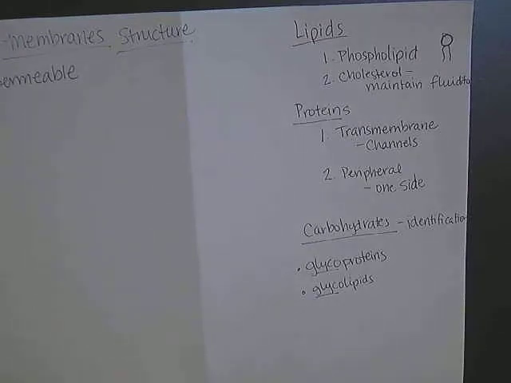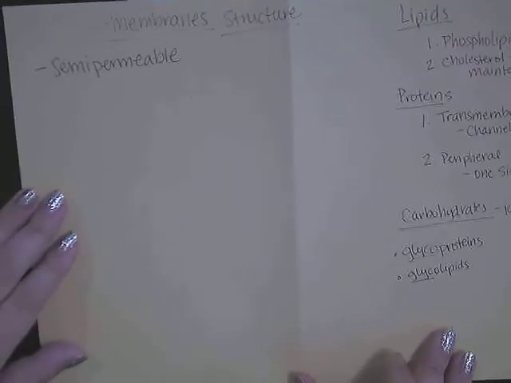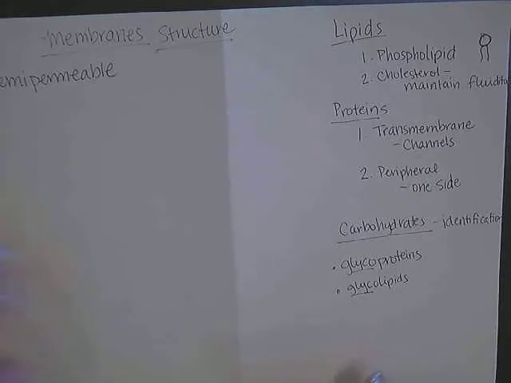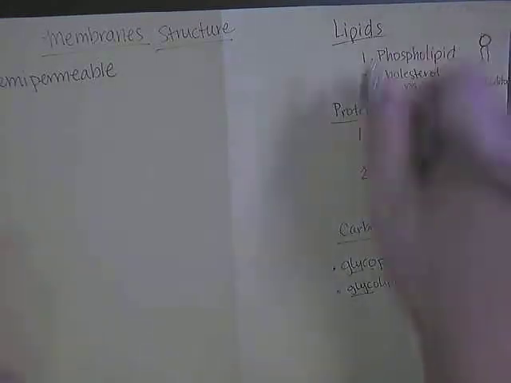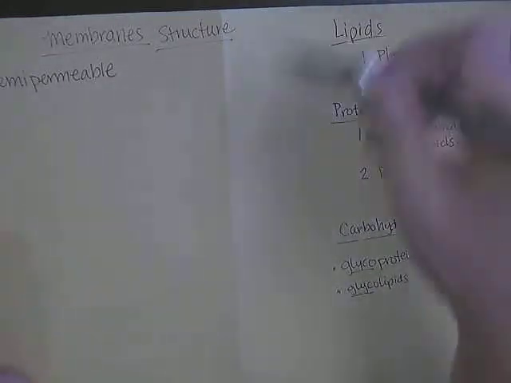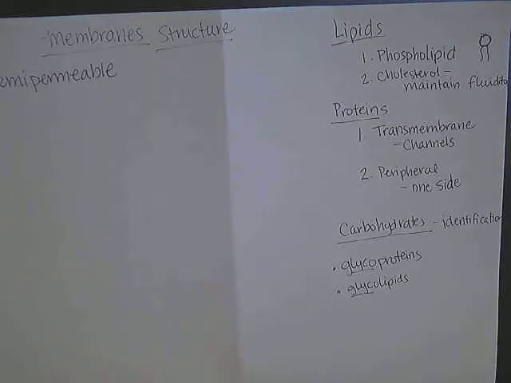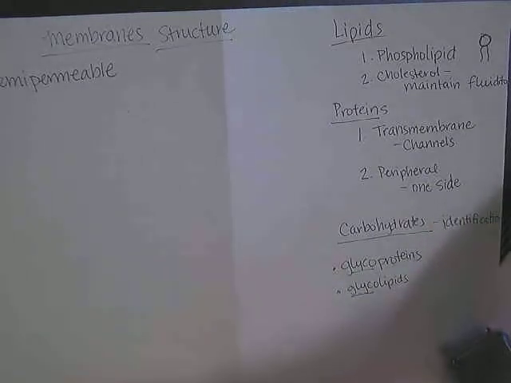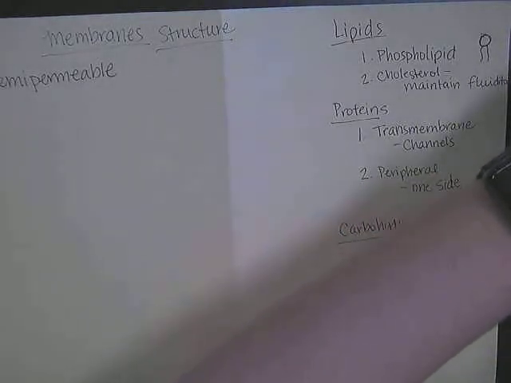What we're going to do now is we're going to draw the membrane structure. And I'm going to draw that over here. I'm going to incorporate these components into our semi-permeable membrane. And then we're going to discuss how that structure affects the function of the cell itself.